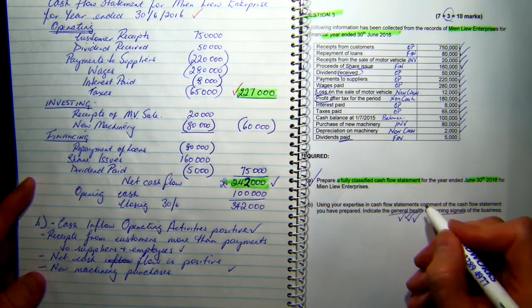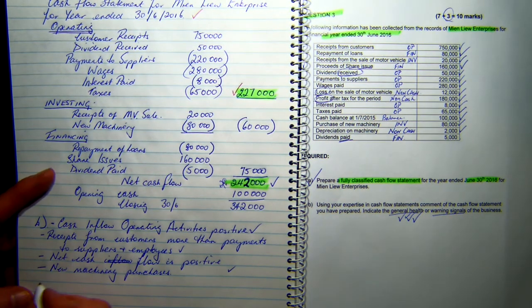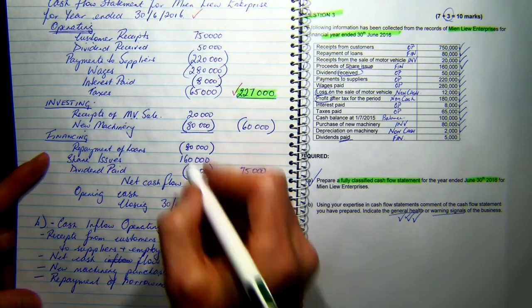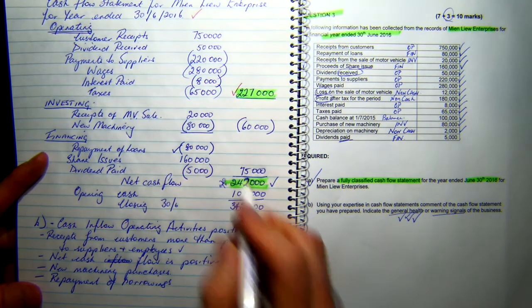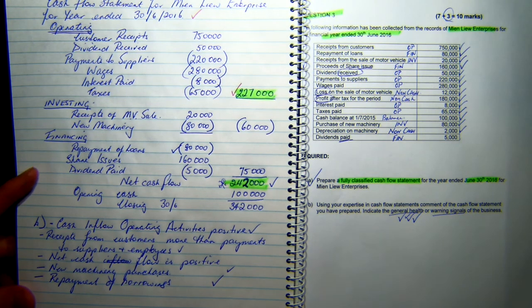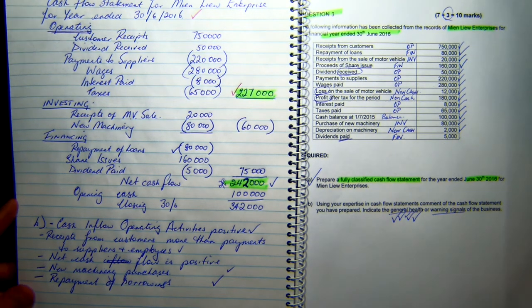So that's another good health sign. And the last one is repayment of borrowings. So I've got some repayments of borrowings here. So that's a good sign. If I'm repaying money, means obviously my cash flow is in good health.